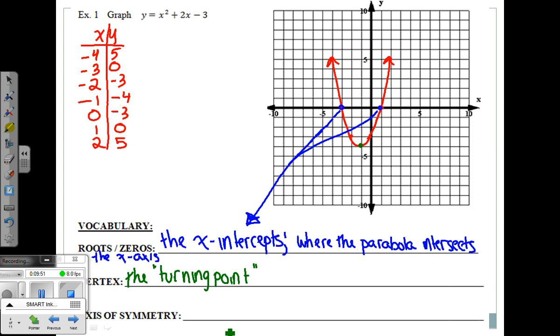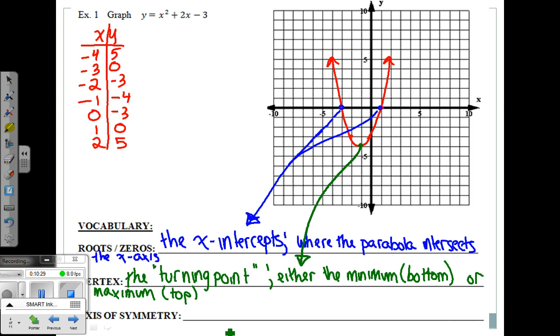So the turning point is always either the minimum or the maximum. So let's go ahead and label that there.